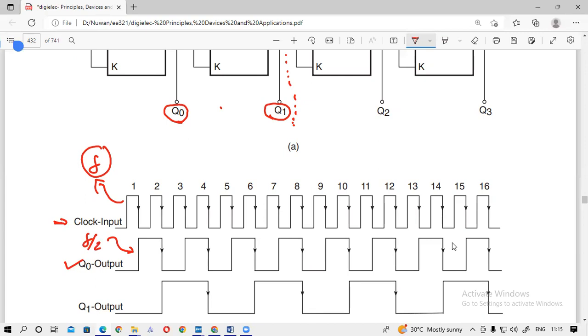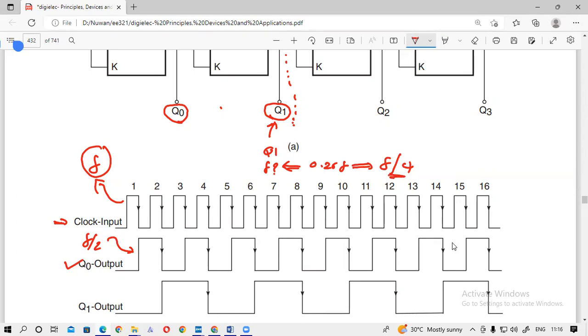And the second, I asked you to find the waveform at Q1 and also the frequency. If the clock pulse is in frequency F, what is the frequency here? 0.25F. Yeah, 0.25F. So that is F by 4. So the waveform will look like this.